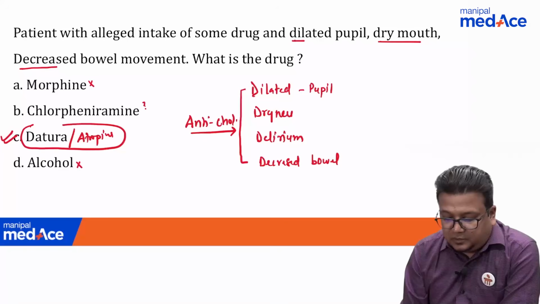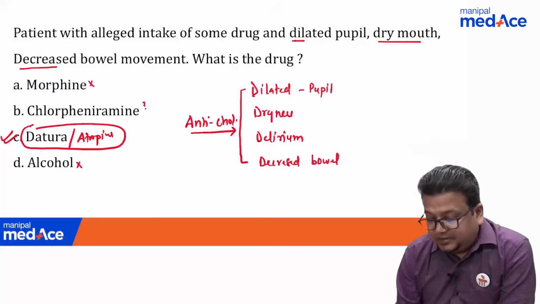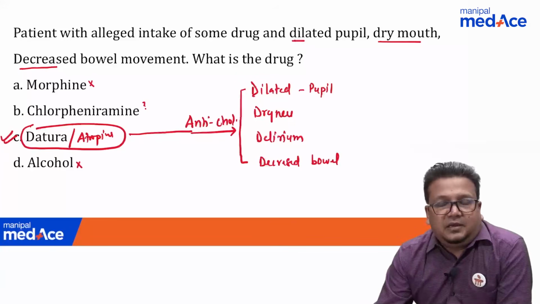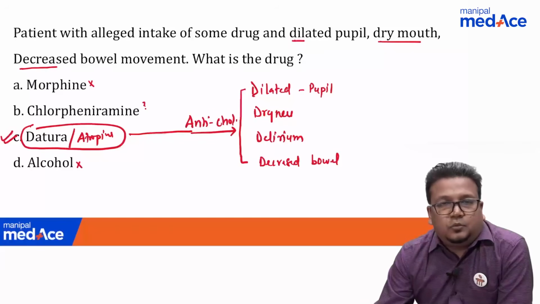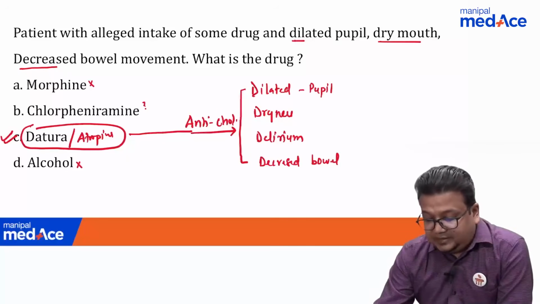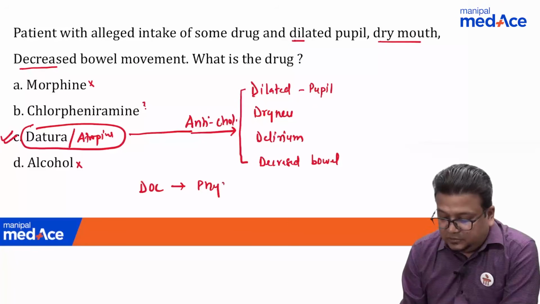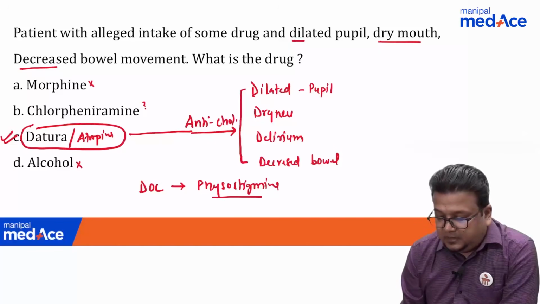Datura poisoning or atropine poisoning or belladonna poisoning is a classical case of anticholinergic symptoms presenting with delirium, dryness, decreased movement, hyperthermia. So that is the answer to this. And the drug of choice, I hope everybody recalls, will be physostigmine. Physostigmine, very commonly asked question.